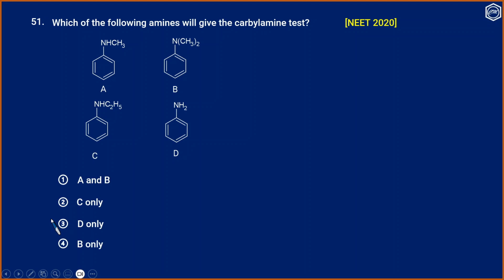Option 3 D only. Option 4 B only. And we know that carbylamine test is given by primary amines only. And here D is the primary amine. So the answer should be D and that is the correct answer.